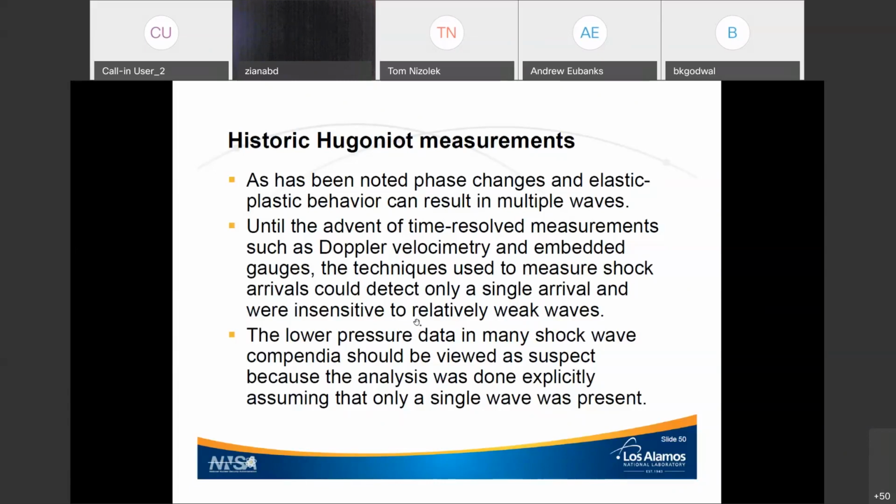That's a good indicator that there was an elastic wave there that was not detected, and that the analysis is off by some amount. Now, because these elastic waves are generally relatively weak, they may be a few kilobars in longitudinal stress, and the shock wave may be 10 or 100 times that.